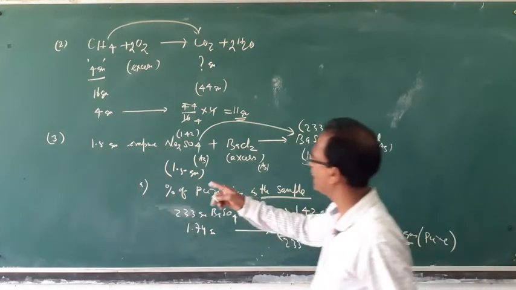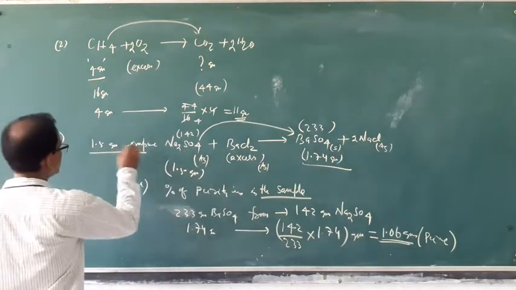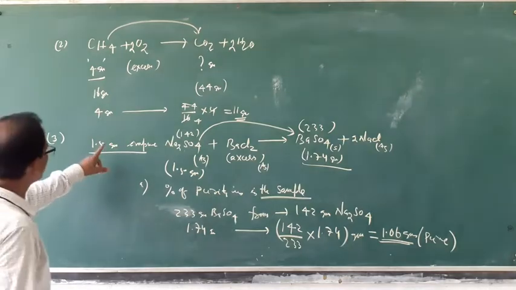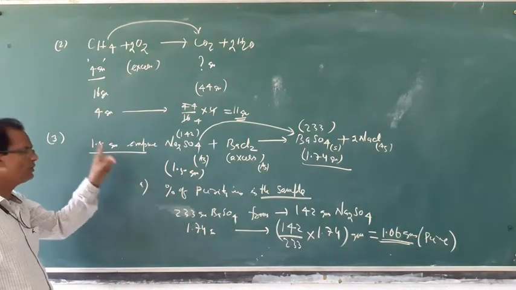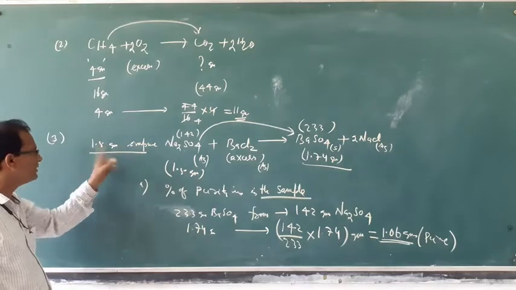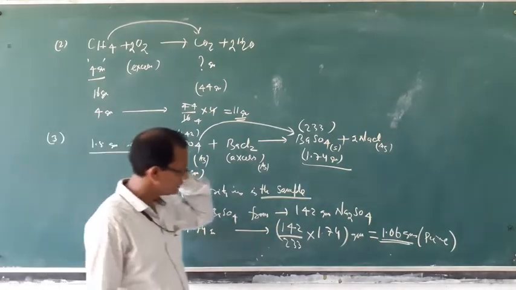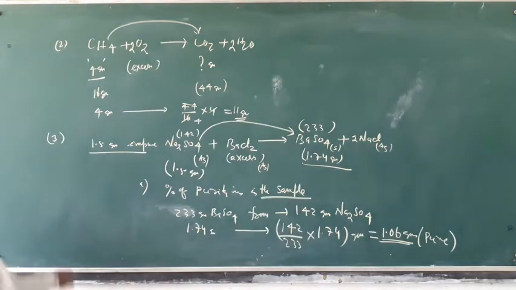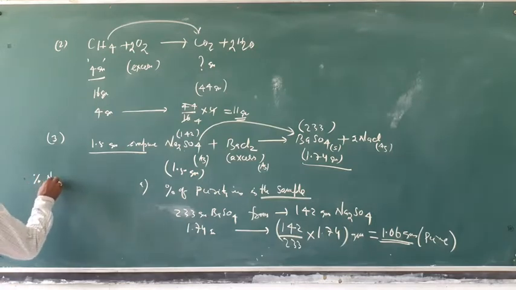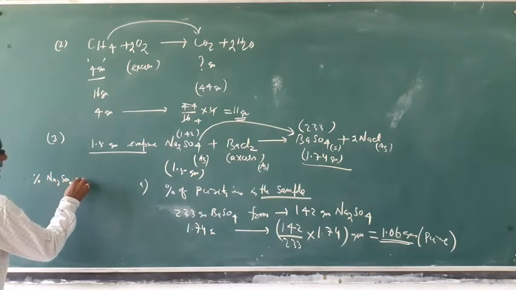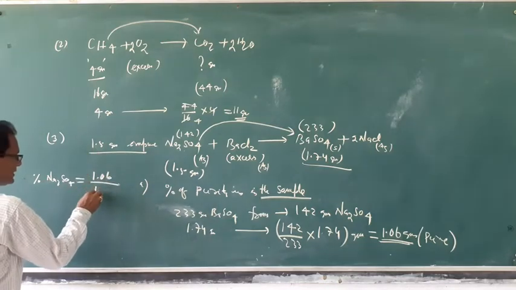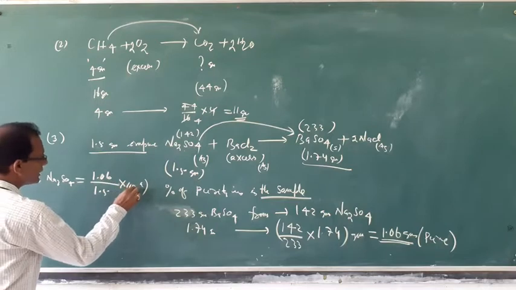But actually, how much sodium sulfate is taken in the question? 1.5. As 1.5 contains both the purity and the impurity, the mixture is 1.5 and the pure part is 1.06. What is the percentage? So the percentage purity of sodium sulfate will be how much? 1.06 is present in 1.5, into 100.